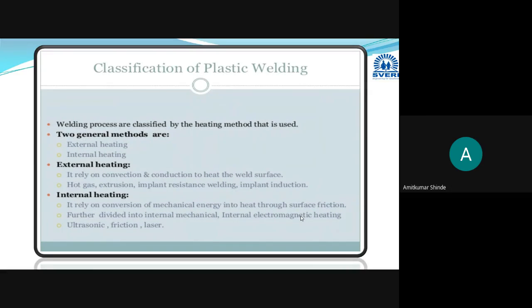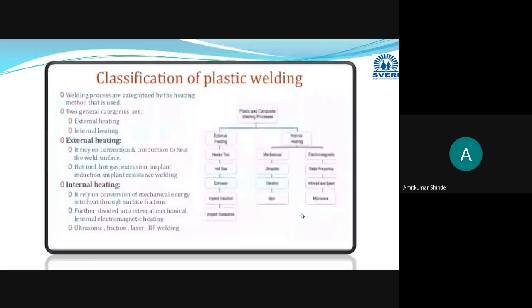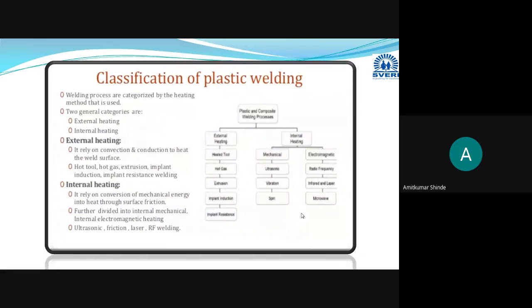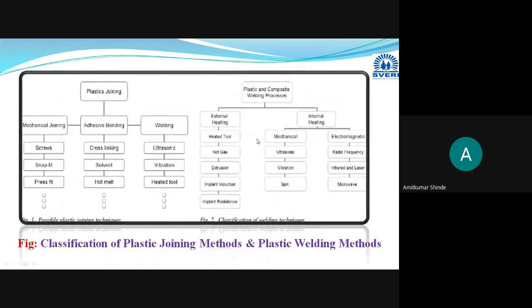Now we will move towards the next slide. Now here you can see it clearly. I have collected two slides and added them here. Whichever welding processes are there, this chart is not visible in this slide, so I have added it separately.